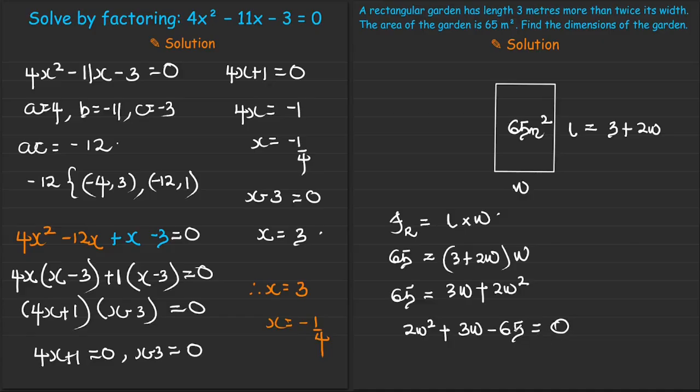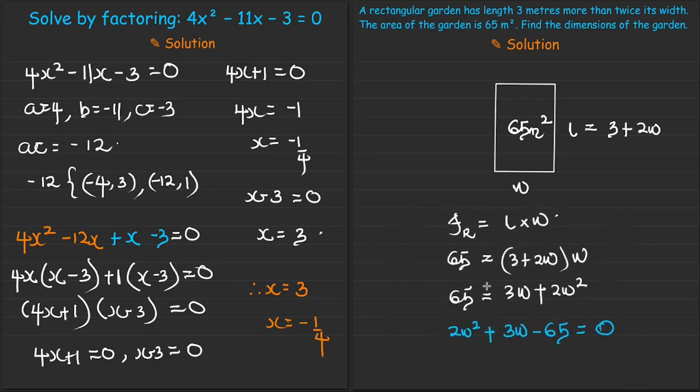We write it in this form so that we can easily solve. So this becomes the main equation we want to solve for. If you're able to solve for this and get your w, then you can proceed from there.